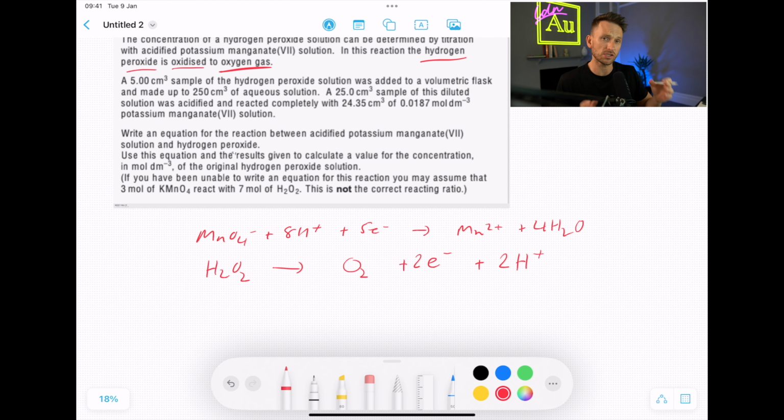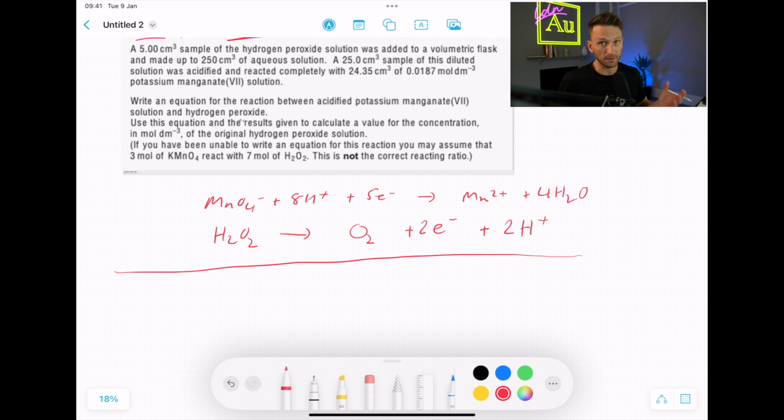So the manganate is oxidizing the peroxide to form oxygen gas, and the manganate is reduced in the process to Mn²⁺. Before we can do the overall equation, we've got to balance the half equations. You can see in the top half equation we have 5 electrons, and in the peroxide one we only have 2 electrons.